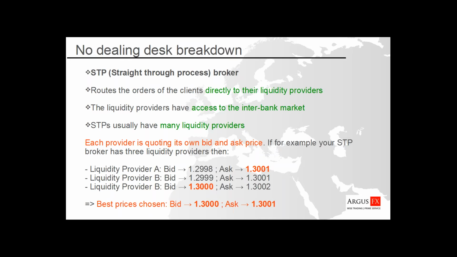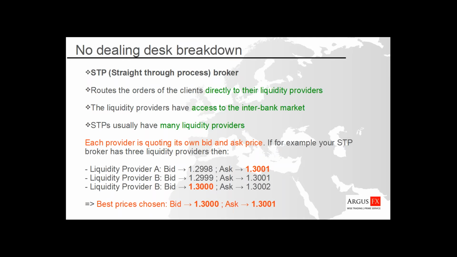So let's assume that broker X has a liquidity provider A with a bid price of 1.2998 and an ask price of 1.3001. Liquidity provider B has a bid price of 1.2999 and an ask price of 1.3001.